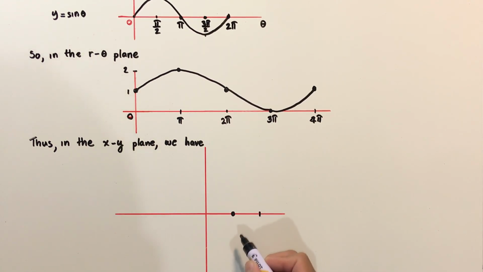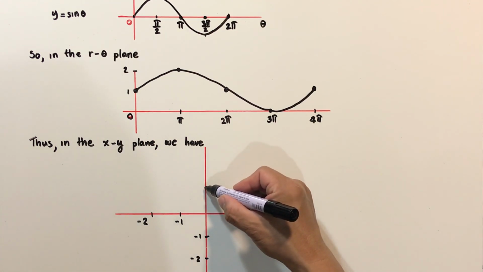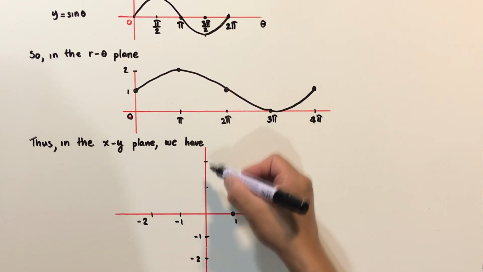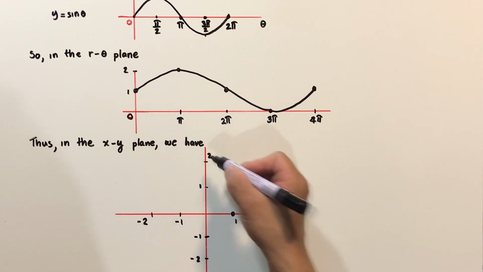So let's scale this graph. We have here 1, 2. And then moving downward, we have here negative 1, negative 2. And then we have also here 1, 2. Negative 1. Then we have negative 2. And moving upward, also we have 1 and then 2.